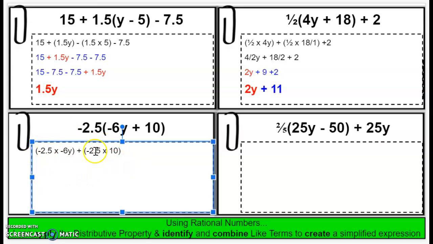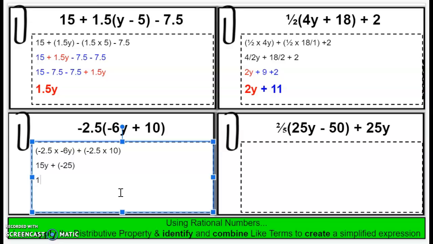And now I'm going to simplify these. So negative 2.5 times negative 6, so 2.5 times 6, and a negative times a negative equals a positive. That equals 15y. Plus, and now I have negative 2.5 times a positive 10, which is going to actually give me a negative 25. I can simplify that even further, where I have 15y plus a negative 25.